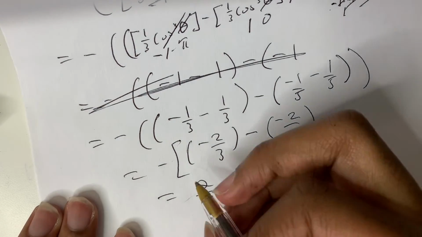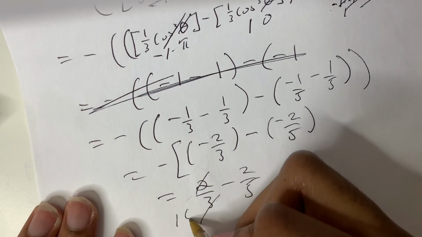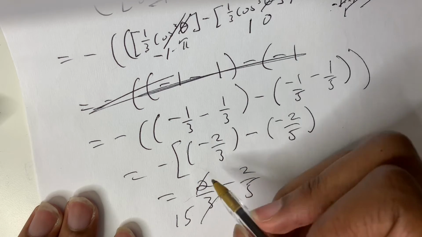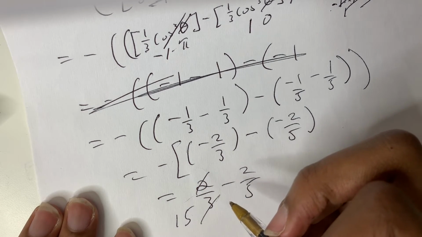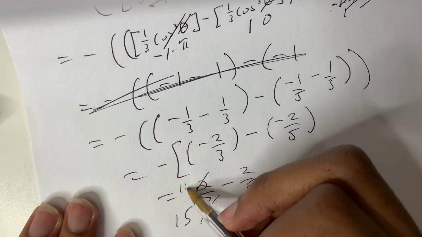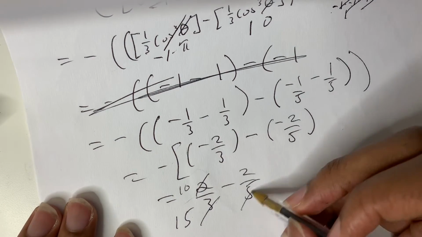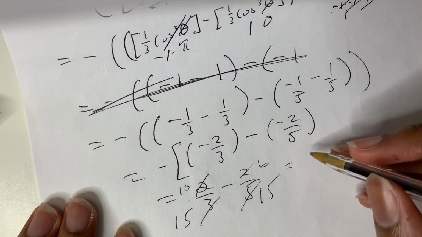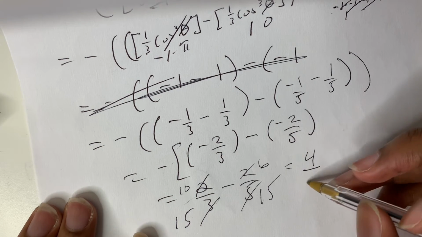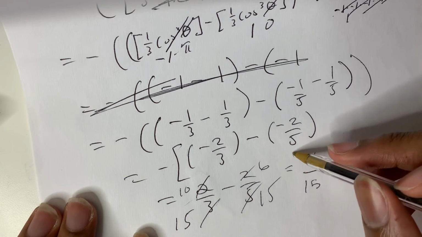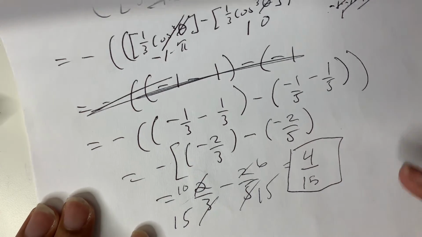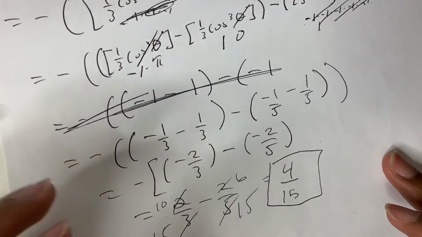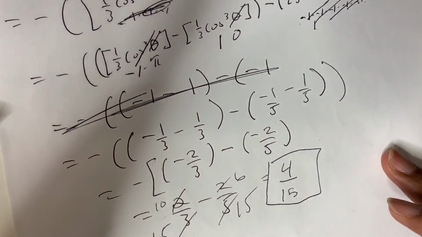Then we multiply the first by 5 to get 10 over 15, and the second by 3 to get 6 over 15. This is 4 over 15. Alright. That's 4 over 15.